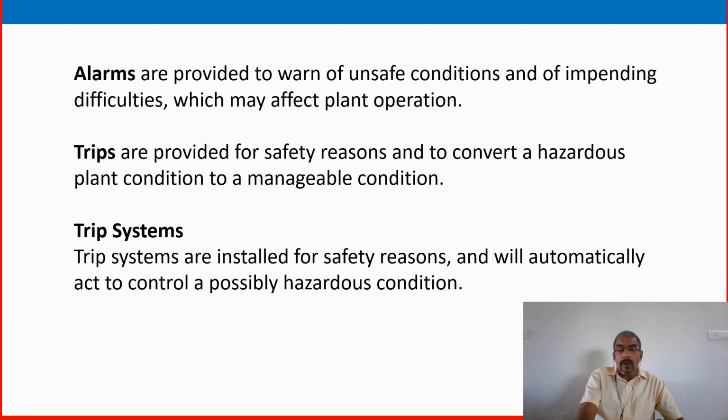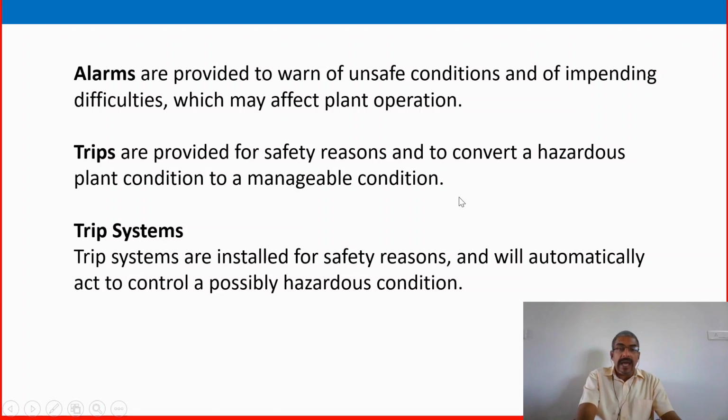So operators and plant operating personnel have to take proper actions to keep the process variable or plant condition safe. Trips are provided for safety reasons and to convert a hazardous plant condition to a manageable condition.